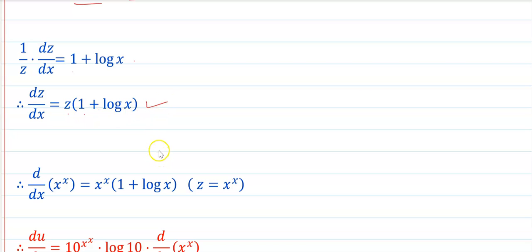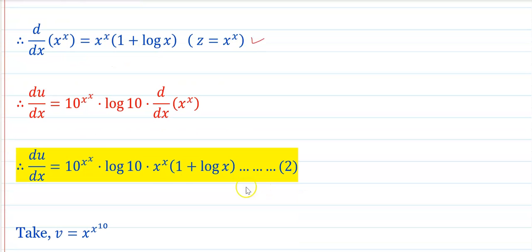Okay. Substitute the value of z. Okay. Z is equals to x raised to x. And therefore ddx of x raised to x is equals to x raised to x in bracket 1 plus log x. This is the derivative of x raised to x. Substitute the value now here ddx of x raised to x. Therefore du by dx is equals to 10 raised to x into log of 10. काय होतं तिथे ddx of x raised to x. आता x raised to x चा डेरिव्हेटिव्ह आपल्याला मिळालेला आहे.